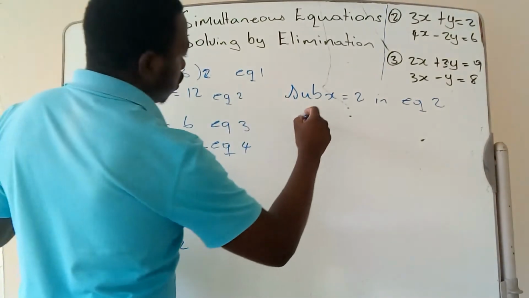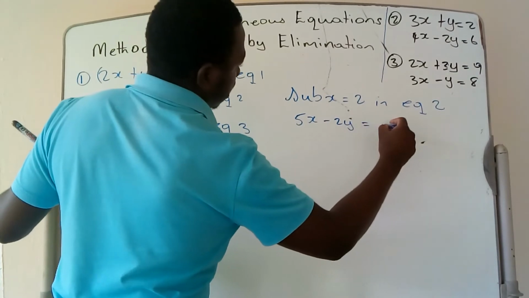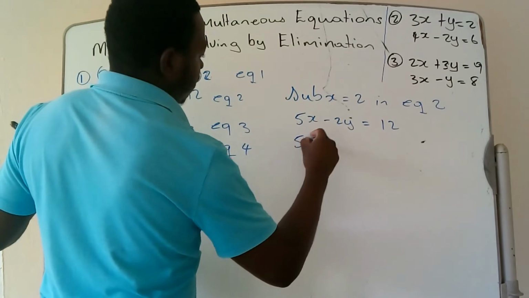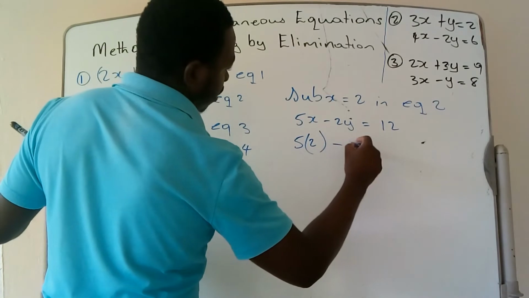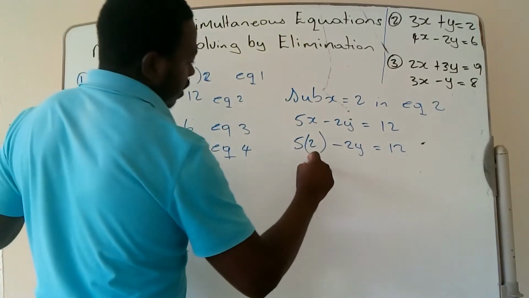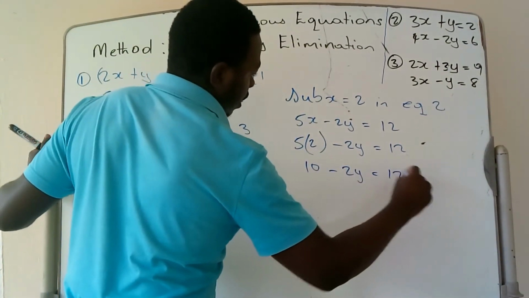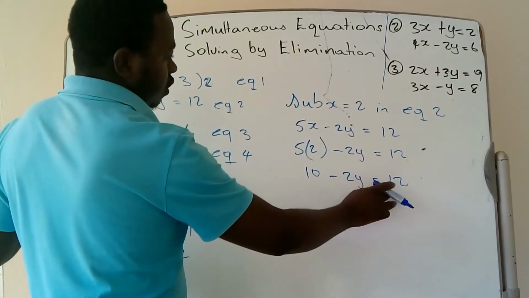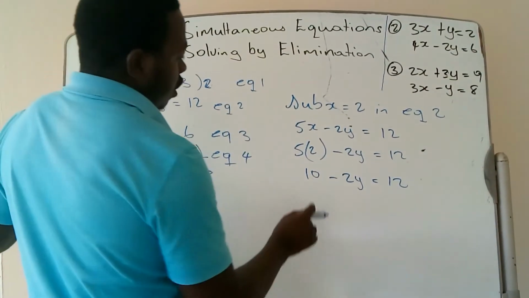So you write up equation 2, which is 5x minus 2y equal to 12. Now write back 5, open bracket, what is x? x is 2, so this is 2, close bracket, minus 2y equal 12. Now 5 times 2 is 10, so this is 10 minus 2y equal to 12.